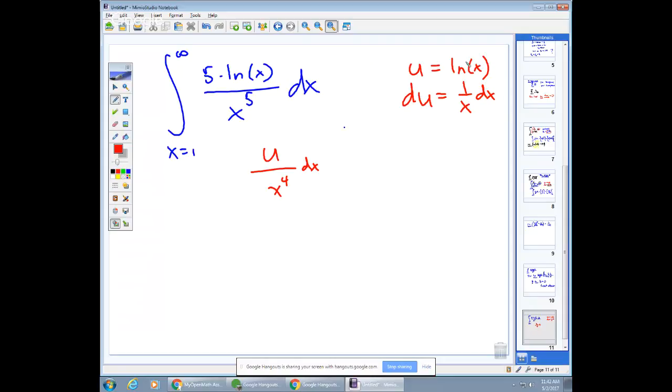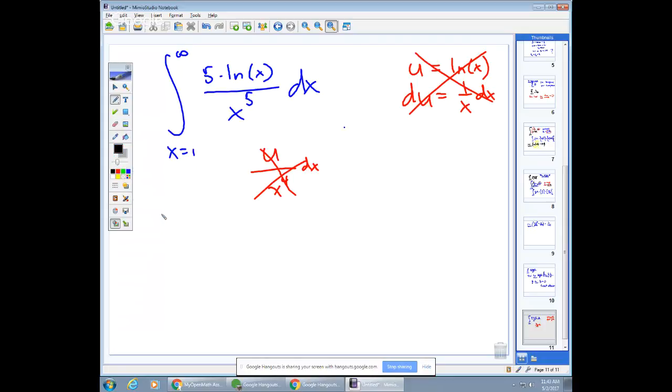Solving this for x means I'll have x equals e to the u. So I'll have e to the u to the 4th power, so e to the 4u. U over e to the 4u. I'm no better off. I just traded the problem for e to the x. Yeah, I don't know. I think let's do integration by parts.